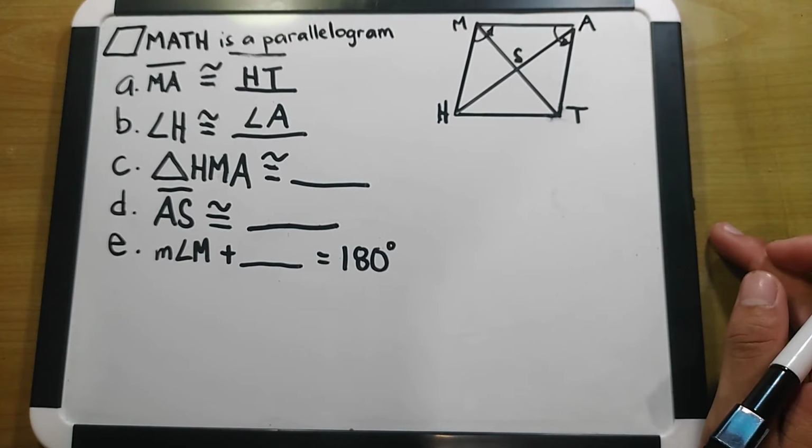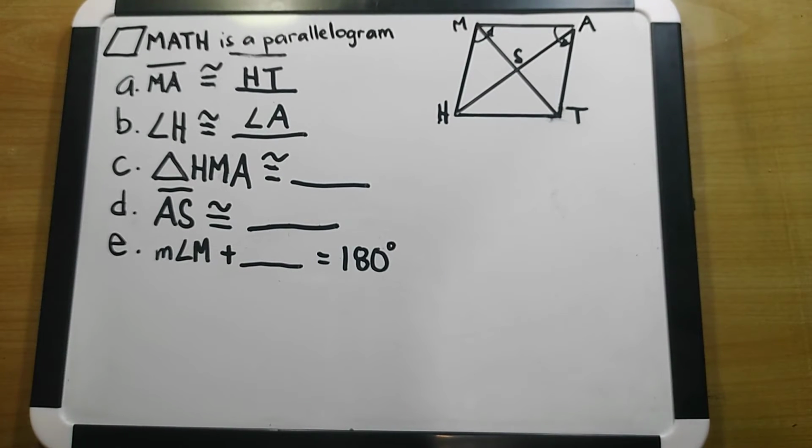Next, letter C. Triangle HMA is congruent to blank. Let us try to look for the other triangle that is congruent to triangle HMA. Diagonal HA is a side of triangle HMA, so it is only natural that side AH is also a side of the triangle congruent to the triangle HMA.